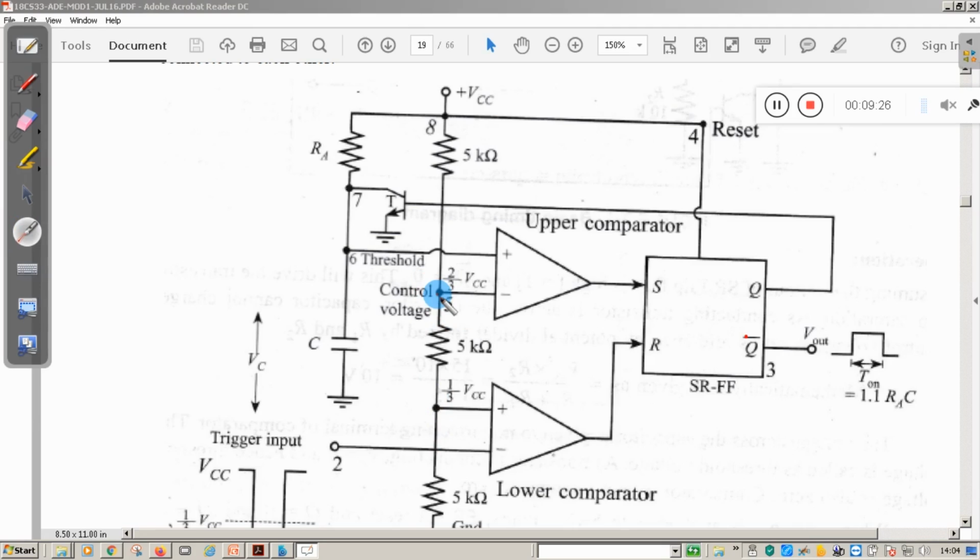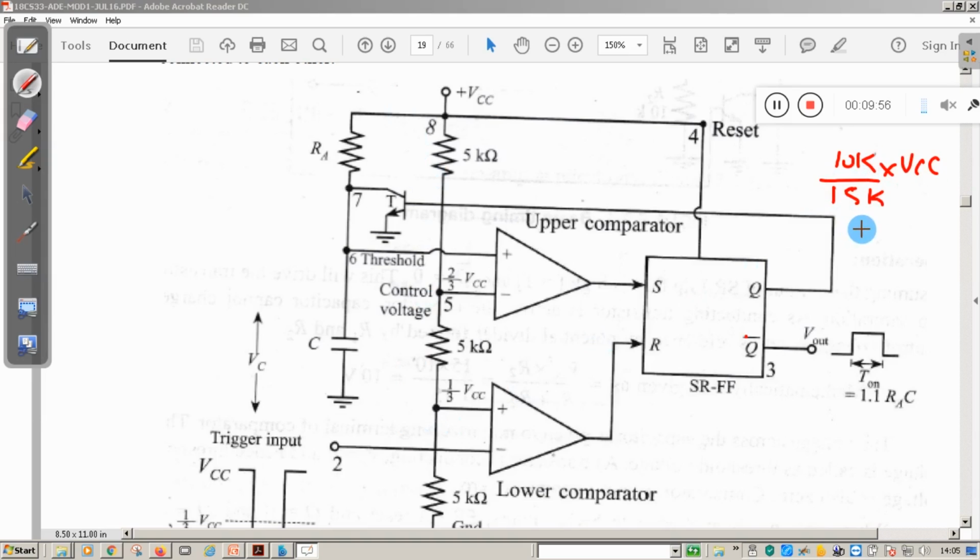According to the voltage divider resistor network, what is the voltage at this point? The voltage at this point is the sum of the resistors from here to the ground, that is 10K, and the total resistance is 15K, into VCC.